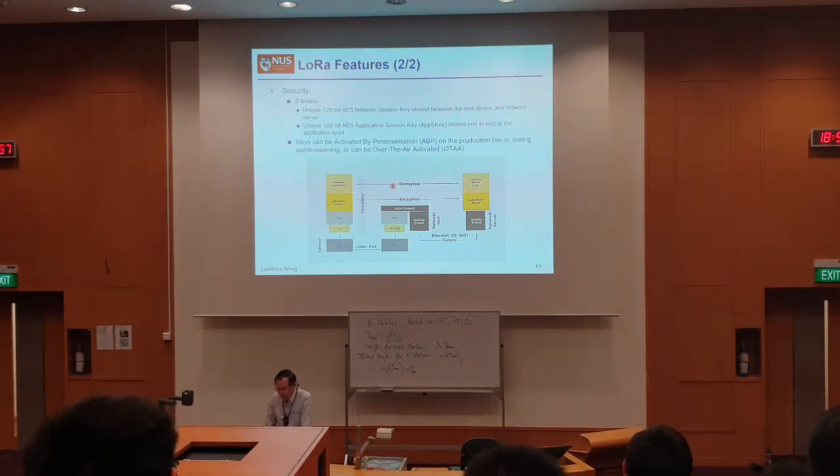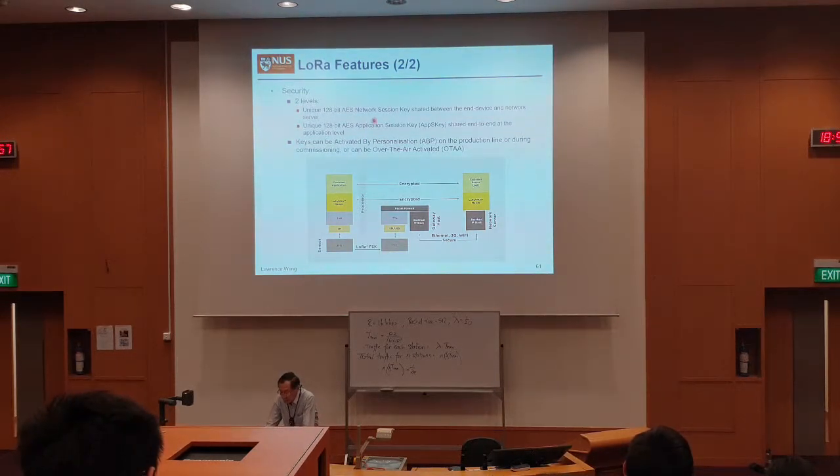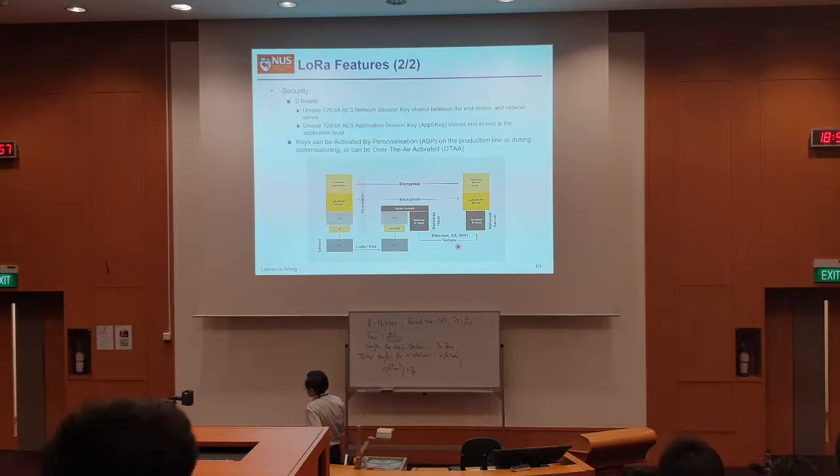It does have some security mechanisms in place. It uses a 128-bit encryption key, a network session key as well as an application session key. The schematic is here, so those are the application and the network encryption.